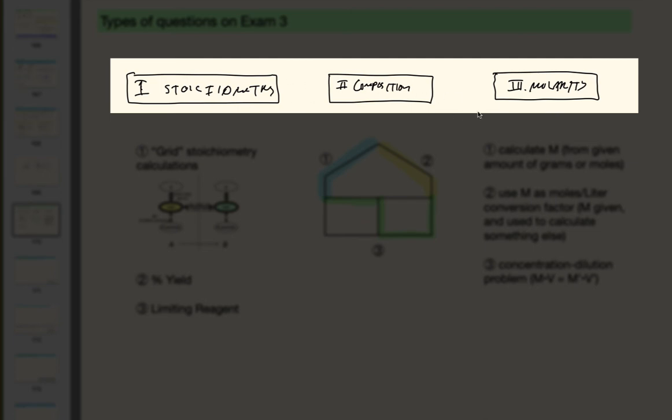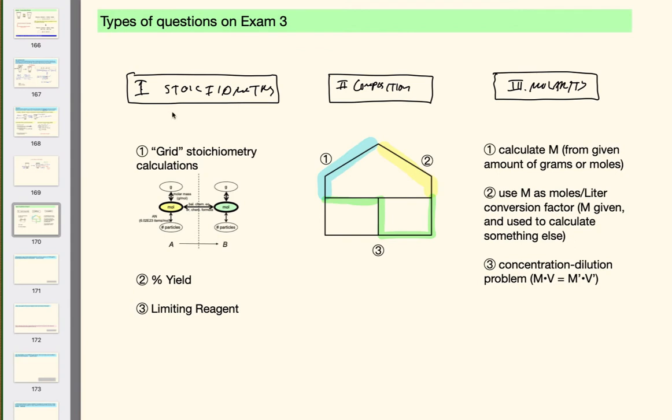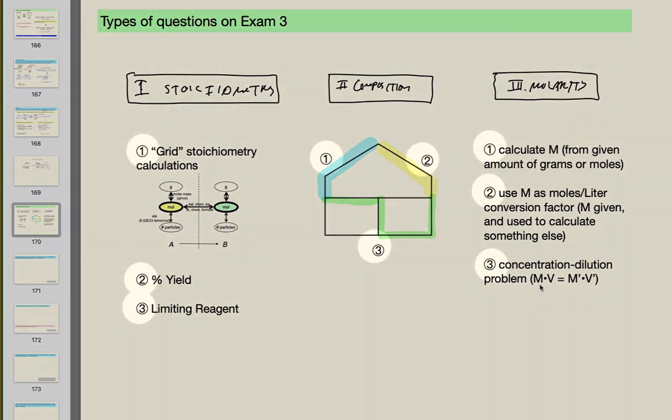Each of those general classes had, by coincidence, 3 types of questions. So the types of stoichiometry questions are those grid type of calculations. Then a variation of that was percent yield. And then another variation was limiting reagent.